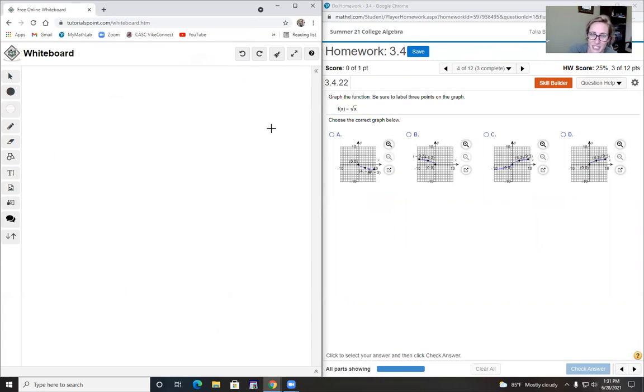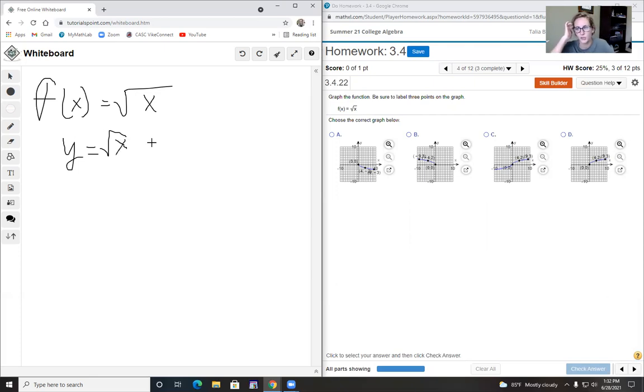So this one, we have our square root function, f of x equals the square root of x. So that's going to be y equals the square root of x. Remember back to lesson, I can't remember if it's 1.3 or 1.4, where they talked about imaginary numbers.